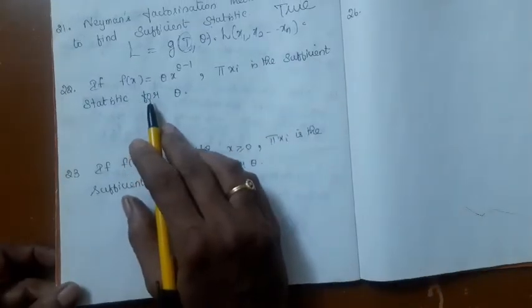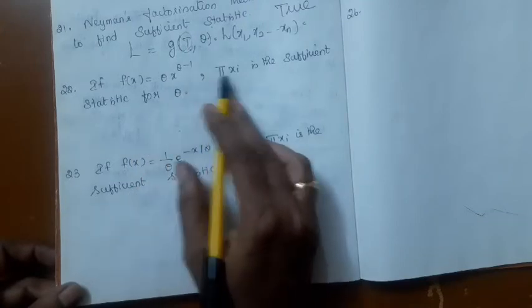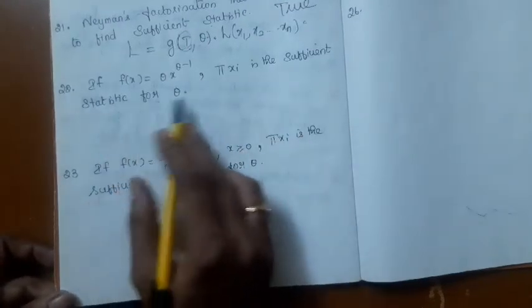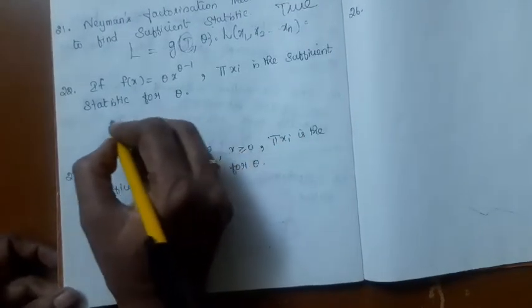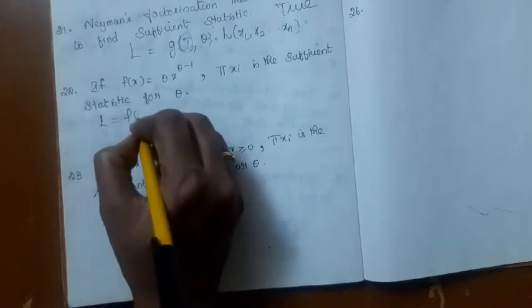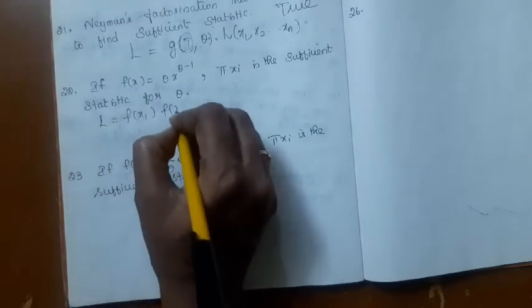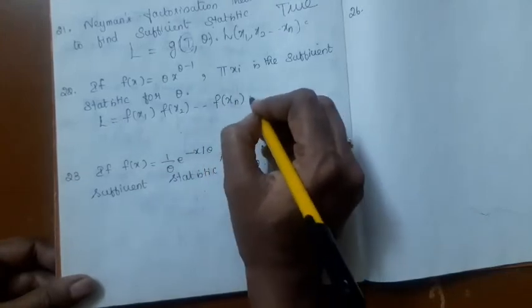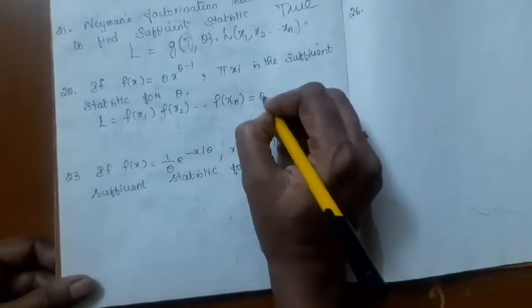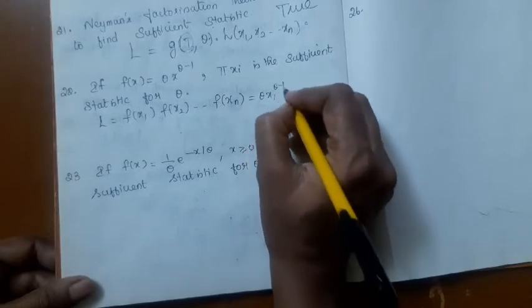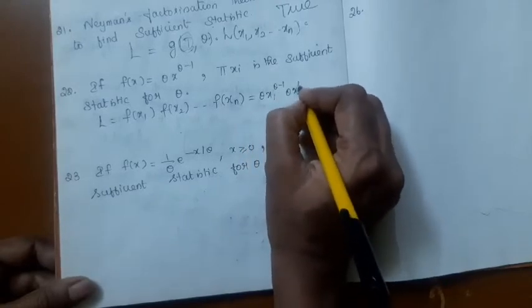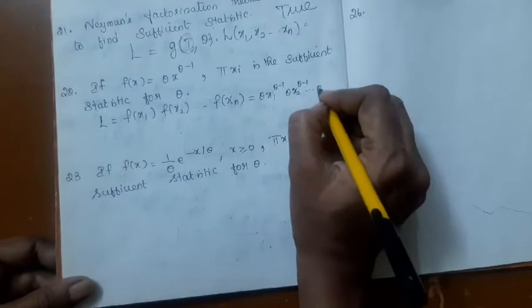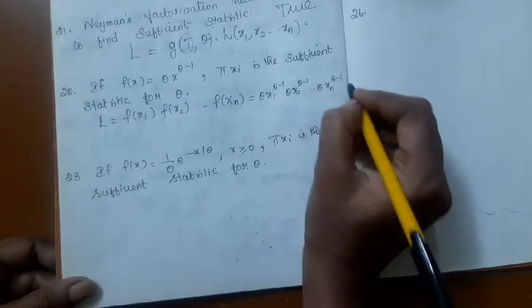Now, next question. If f of x is equal to this, product xi is the sufficient statistic for theta. I am going to apply Neyman's factorization theorem. Product of f of xi is L. That is theta x1 power theta minus 1 into theta x2 power theta minus 1 etc. theta xn power theta minus 1.